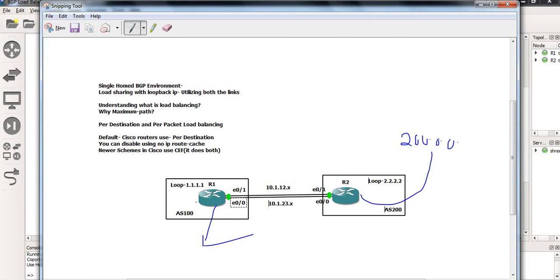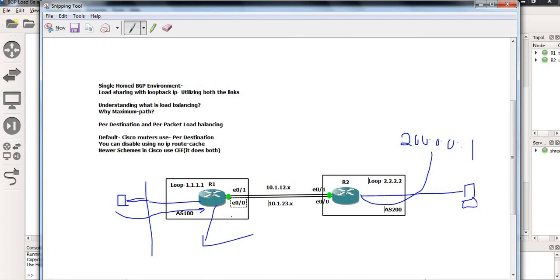Now let's say I have some computers in my LAN who want to access this 200.0.0.0 network, which is at the service provider end. Let's say I have a server here, 200.0.0.1. When I want to access this server from this client machine, the traffic goes to router 1, and router 1 has two paths to 200.0.0.1, one via Ethernet 0/0 and one via Ethernet 0/1.